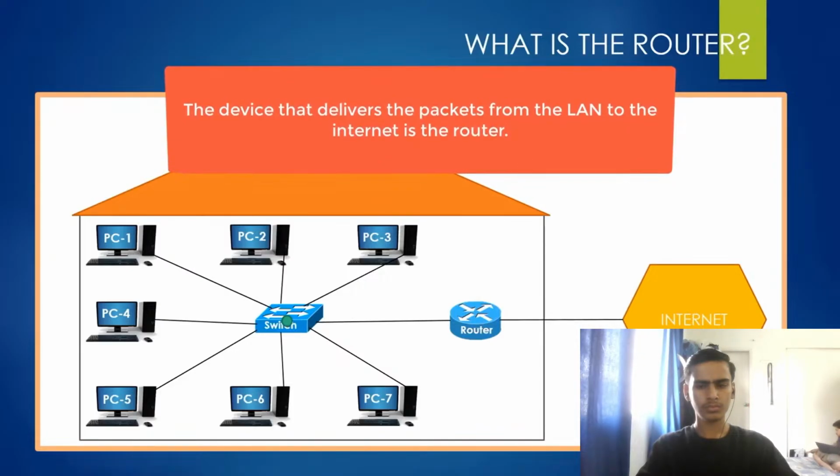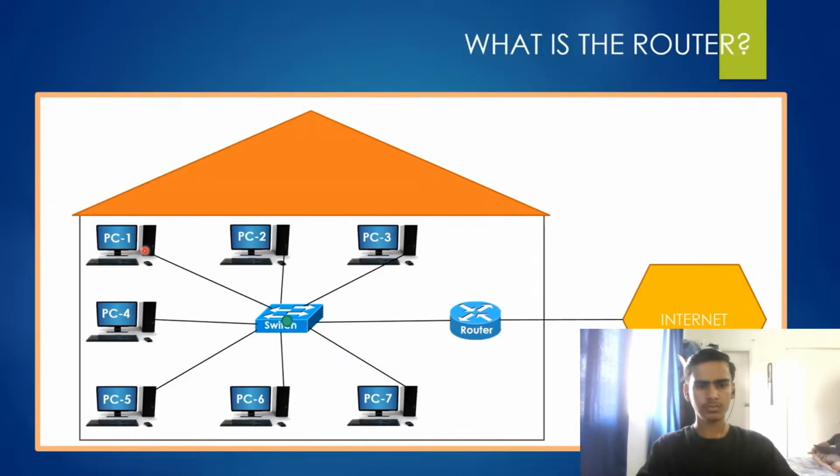Hence, PC1 must send its packet to the switch first. After that, the switch looks inside the packet and understands that the packet wants to go to the internet. So it sends the packet to the router, and there we go.